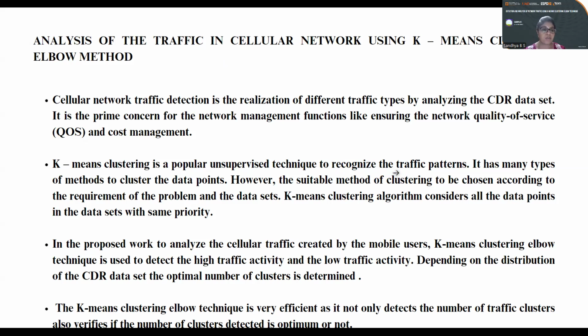Depending on the distribution of the CDR data set, the optimal number of clusters is determined. The K-means clustering elbow technique is very efficient as it is not only detecting the number of traffic clusters, but also verifies whether the number of clusters detected is optimum or not.